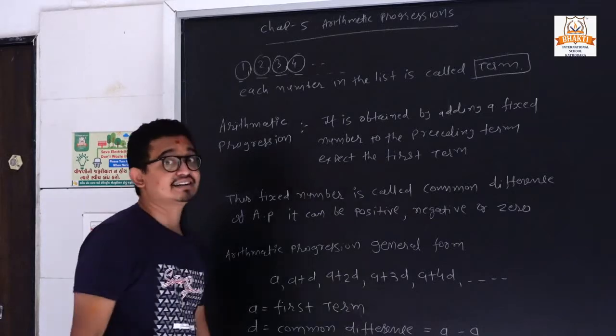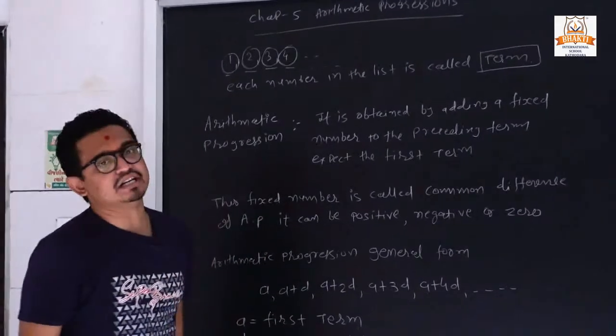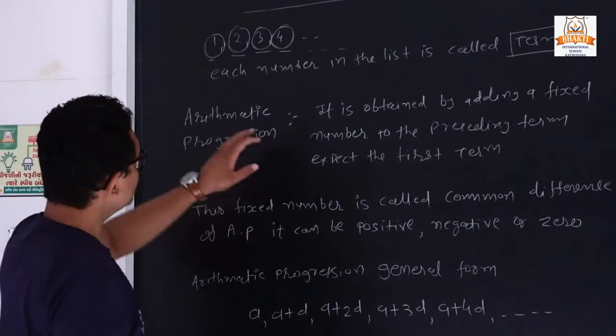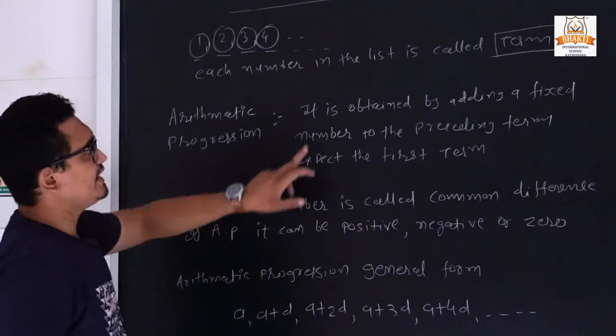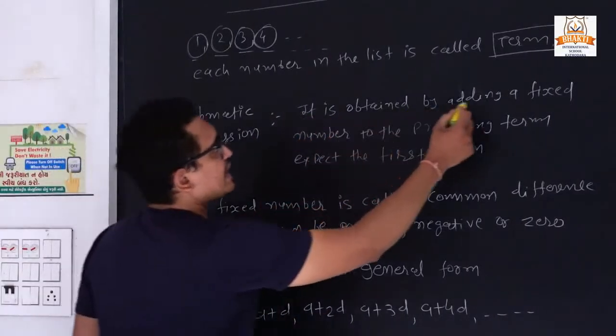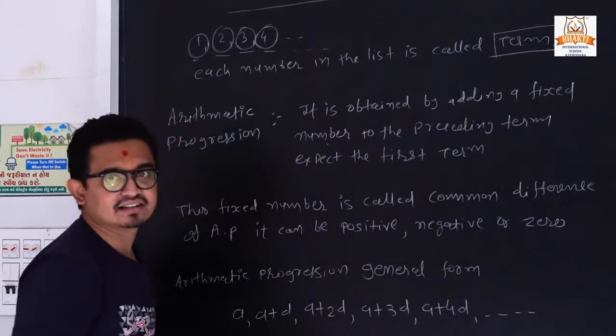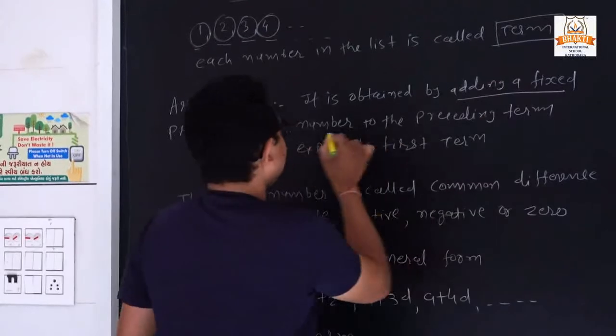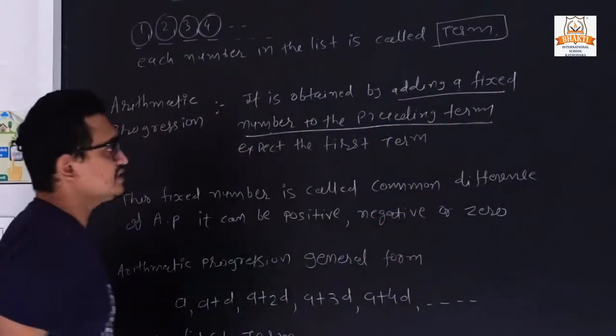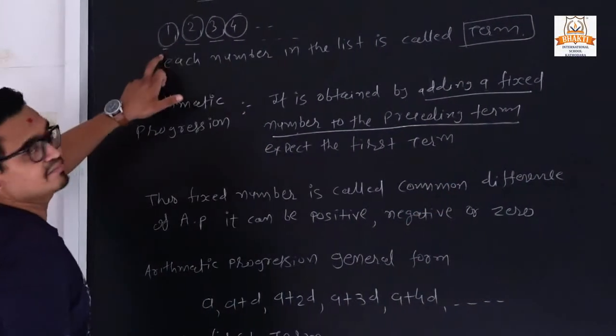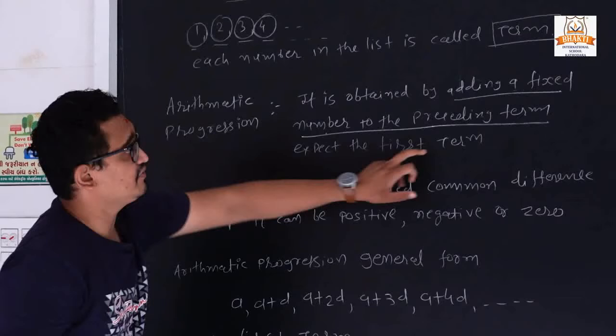Now second, what is arithmetic progression? According to its definition, it is obtained by adding a fixed number to the preceding term, meaning the previous term, except the first term.